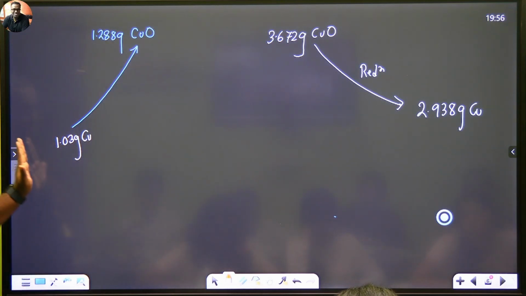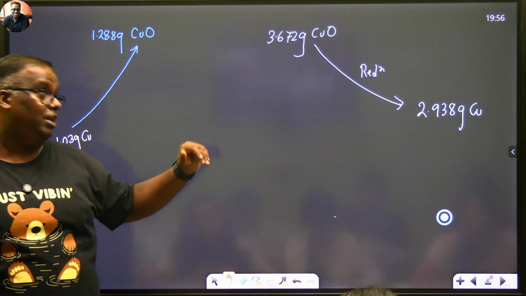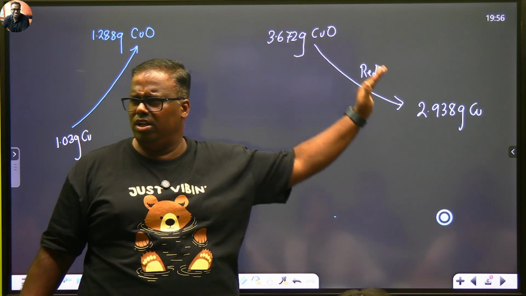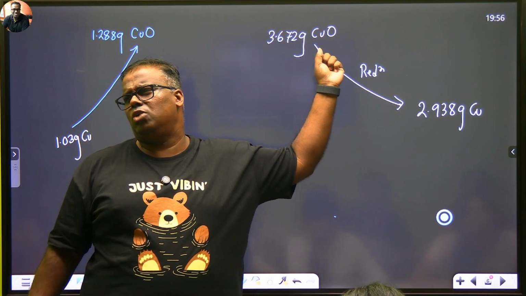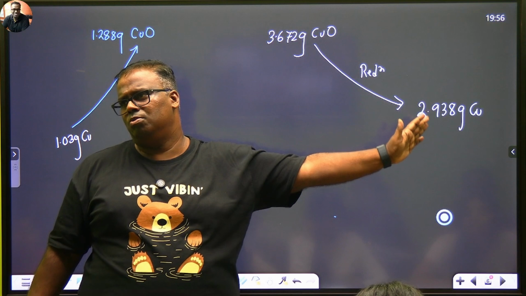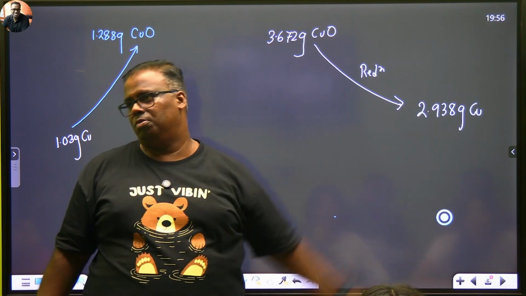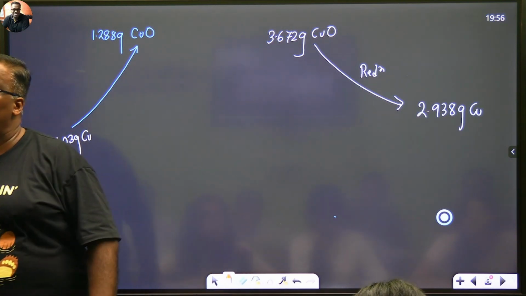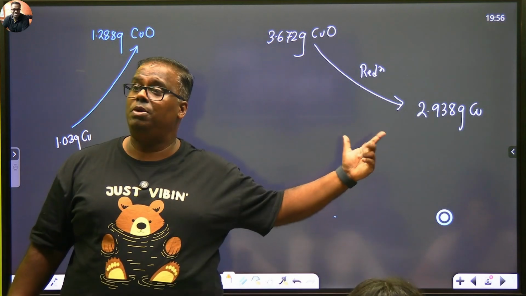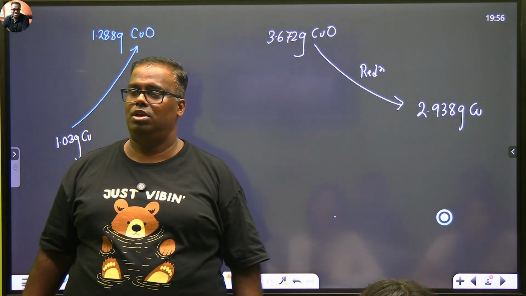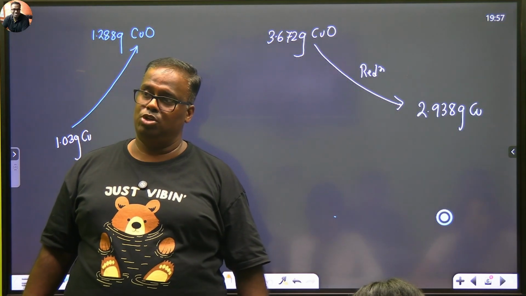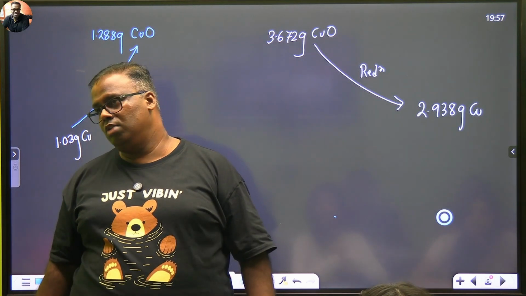इसमें कॉपर ऑक्साइड को बनाया गया, इसमें कॉपर ऑक्साइड को फुल्ली रिड्यूस कर दिया। रिड्यूस मींस टेक आउट ऑल द ऑक्सीजन अवे। हमको कितना कॉपर मिला? इतना कॉपर मिला। Prove that this obeys law of constant proportion. So there are two ways we can prove it.